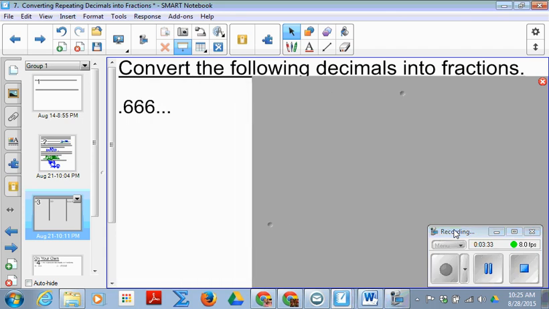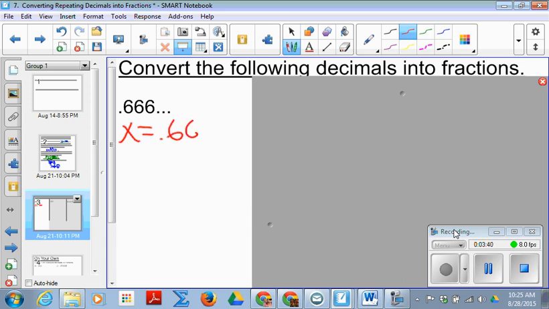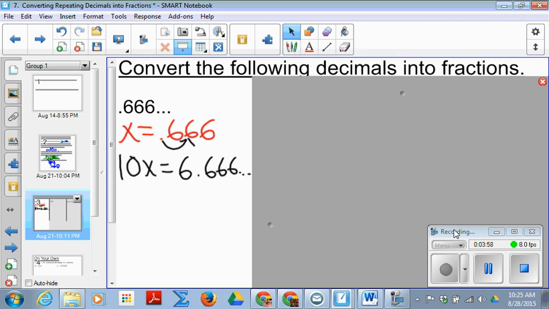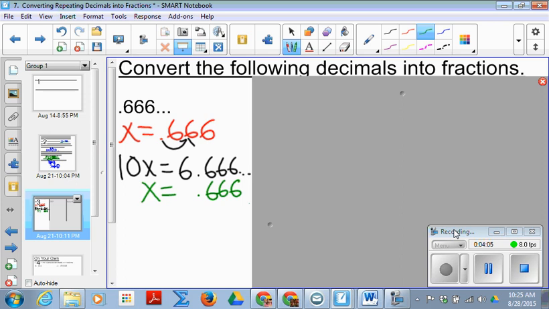So let's start with this one, 6/10 repeating. Our first step, remember, is set x equal to that value. All we've got to do is multiply each side by 10, because that will move our decimal point over one place to give us 6.66666 repeating. Now we subtract our original setup from the multiple of 10.